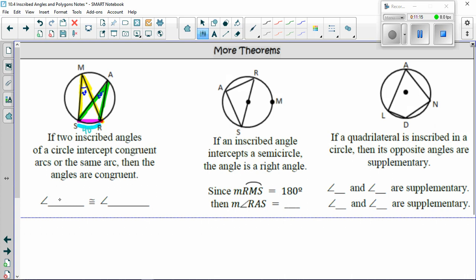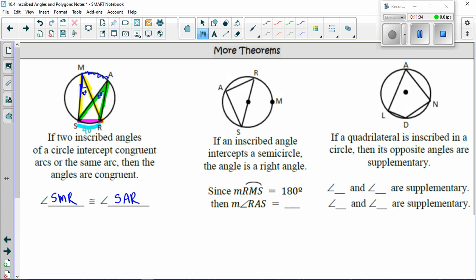So angle SMR is equal to angle SAR. As long as they share an arc, they're going to be equal to each other. Same thing if you look at the two angles that are using this arc right here. MSA uses MA, same thing.